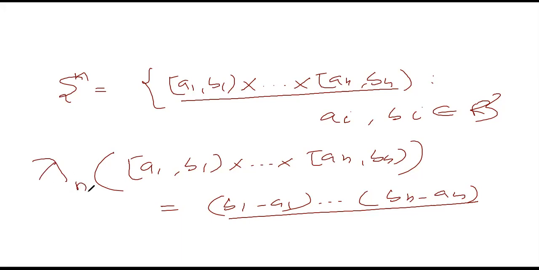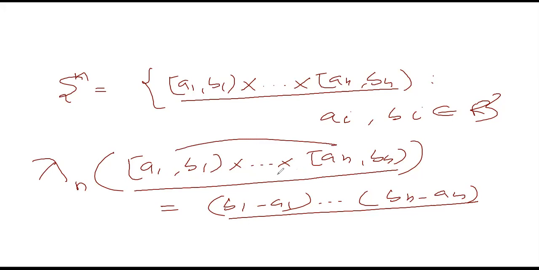And lambda_n of phi: if this interval is the empty set, I will take the value equal to 0, and if it is a non-empty set, then its value is the product of the lengths.